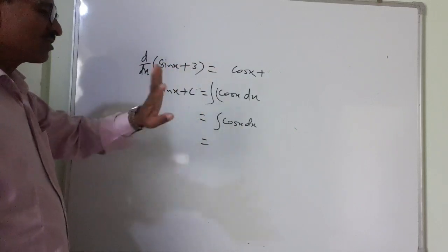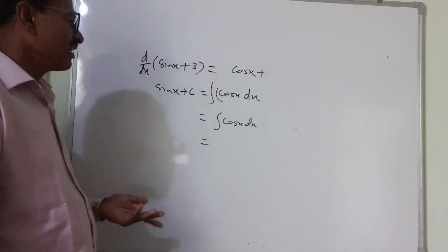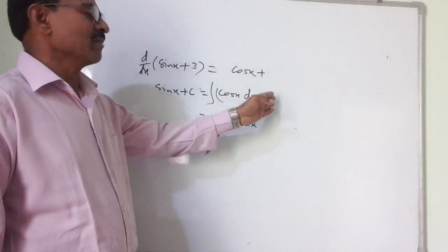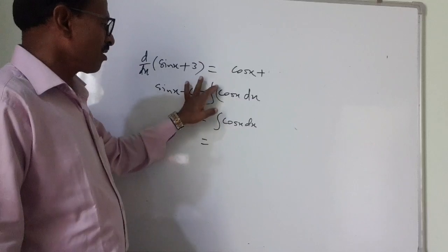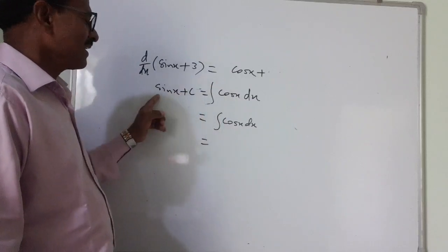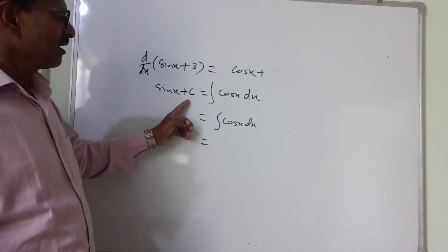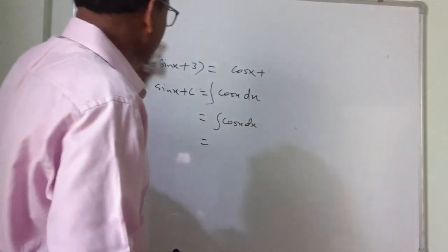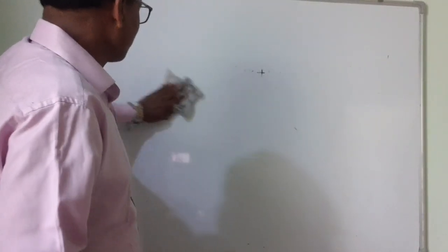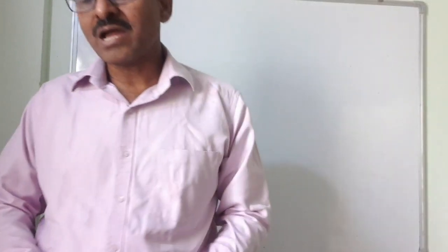Here it is 3, but it is not that it will be only 3; it may be 55, 72, 99, whatever it is, but the derivative would have become 0. So to adjust that, the integration of cos x dx is sin x plus c. This c we call the constant of integration. So from where that c has come, you should understand. While making the formulas, I will always go on writing it.